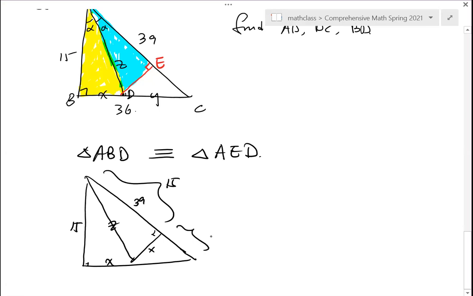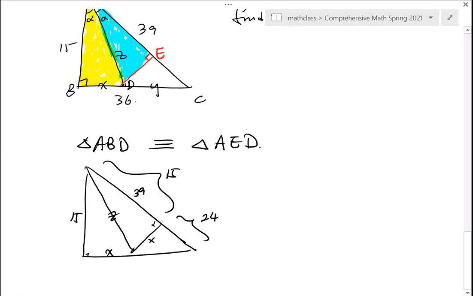And then this will be 39 minus 15, so that'll be 24. I did not draw the perfect picture, but 39 minus 15 is going to be 24.